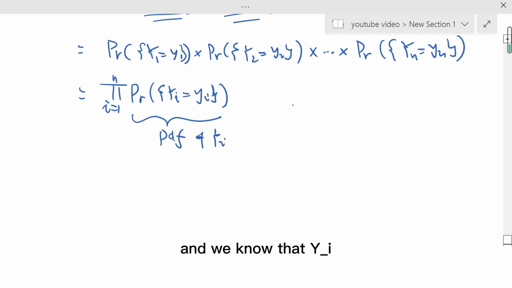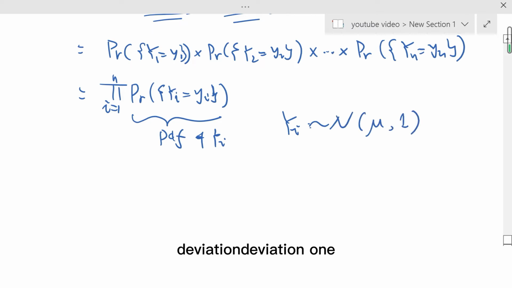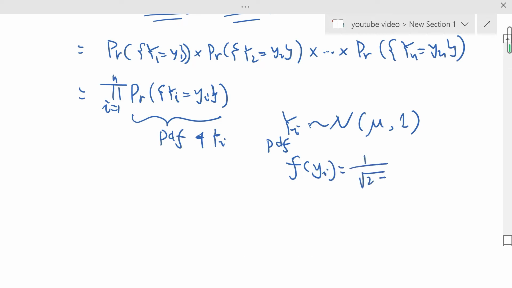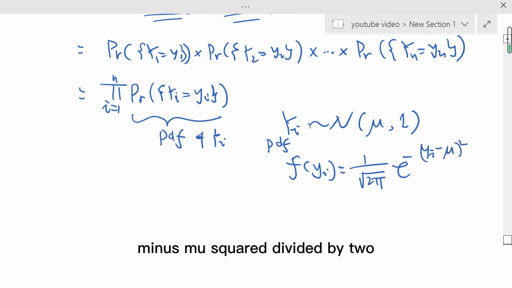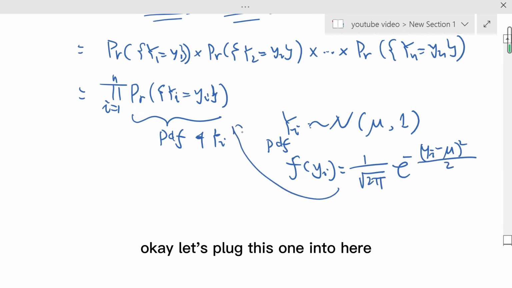We know that Yi is normally distributed with mean mu and standard deviation 1, so its probability density function is just this, with y minus mu squared divided by 2. Okay, let's plug this one into here.